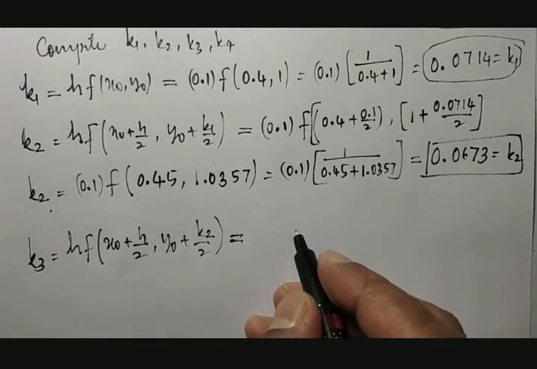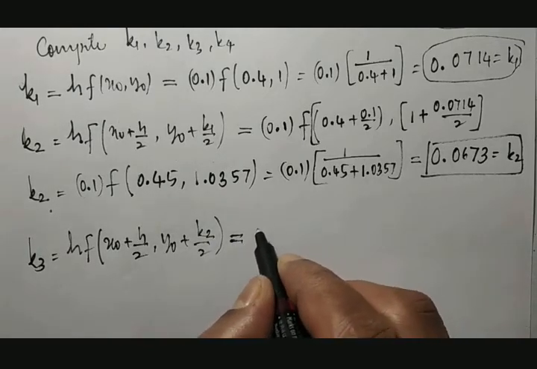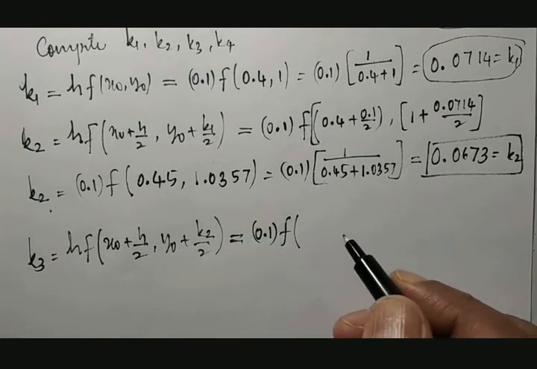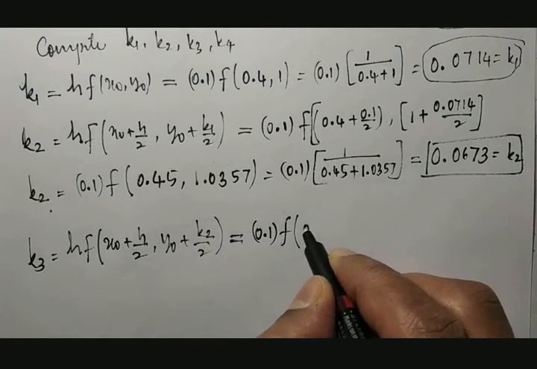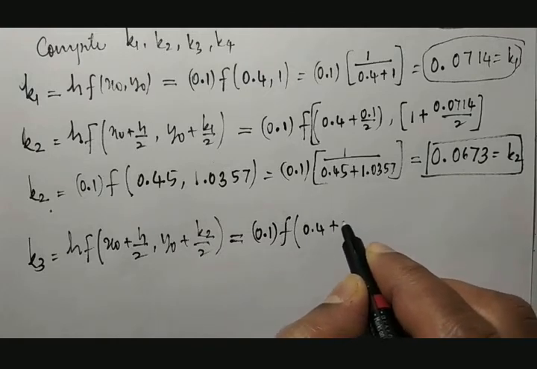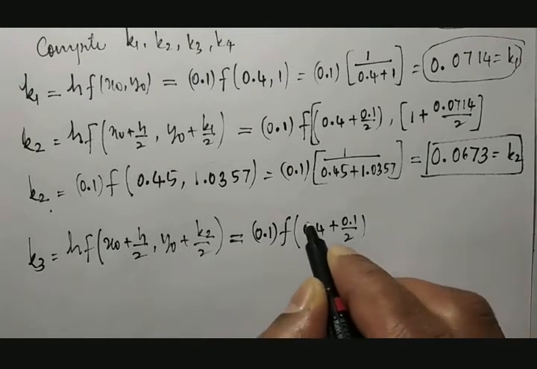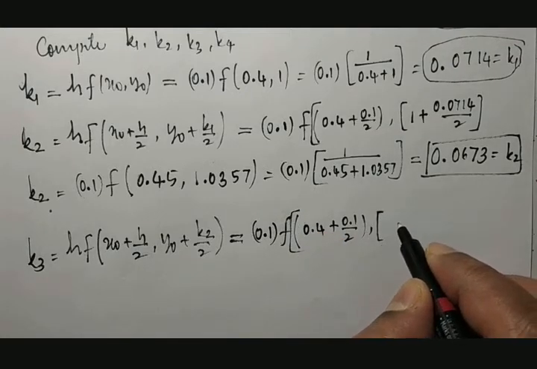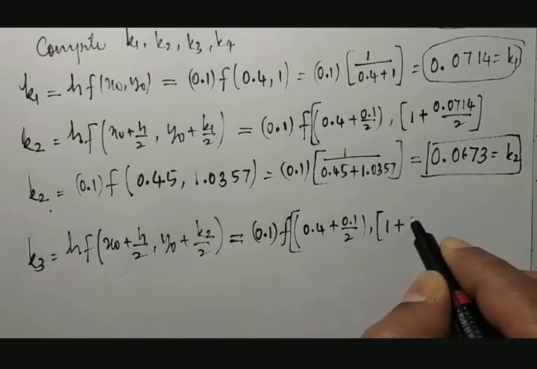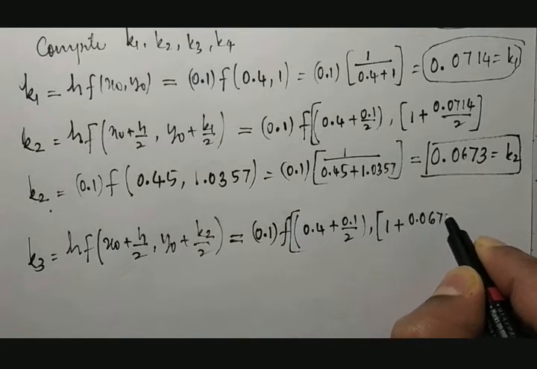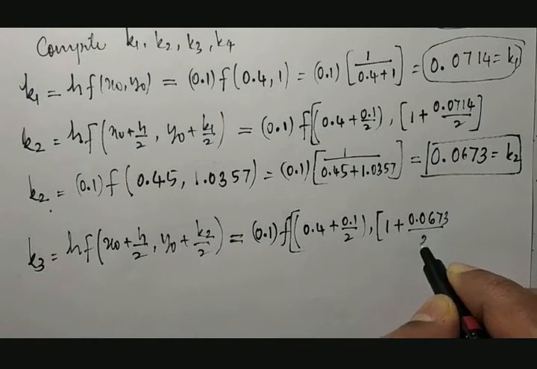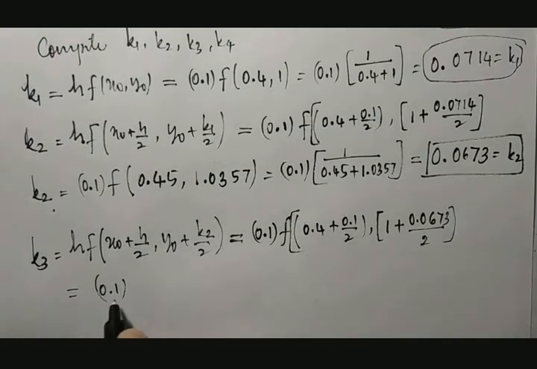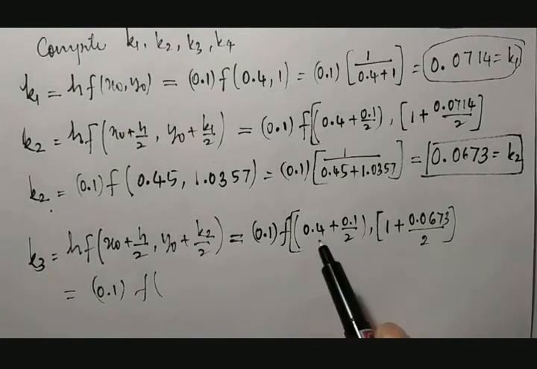What is h? 0.1 into f of x naught, 0.4 plus h, 0.1 divided by 2, comma y naught, 1 plus K2, 0.0673 divided by 2. Therefore, this is 0.1 into the functional value.